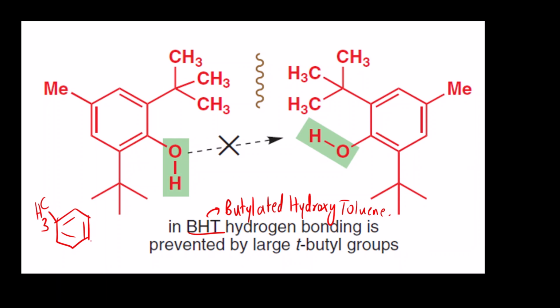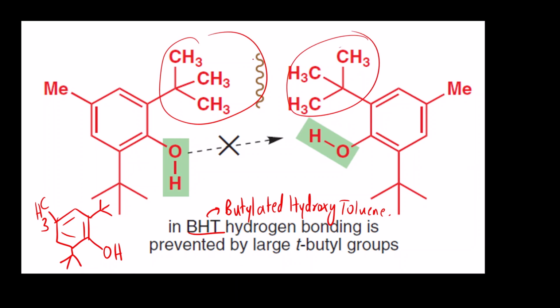Then at the para position, hydroxy means OH, and butylated means tertiary butyl groups are attached at the ortho positions of OH. Because of these bulky tertiary butyl groups, there is no hydrogen bonding, although the OH group is present, because of steric repulsions or steric strain.